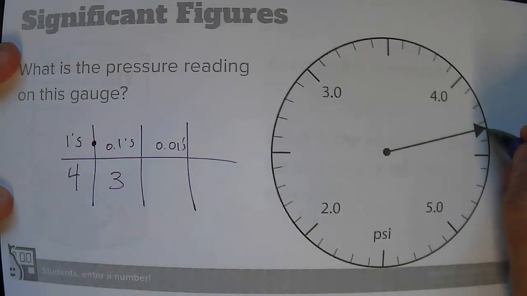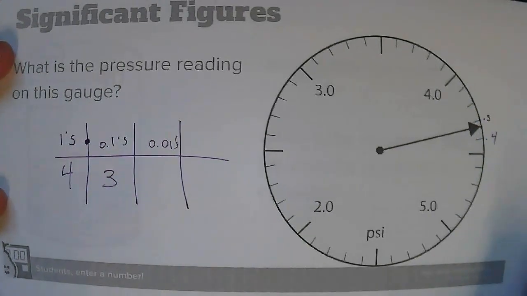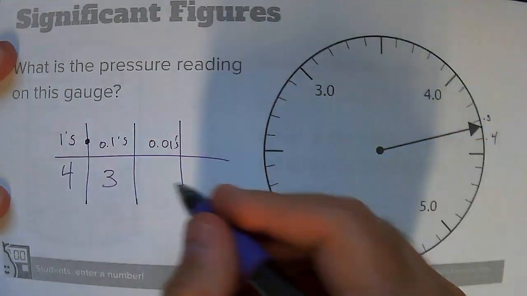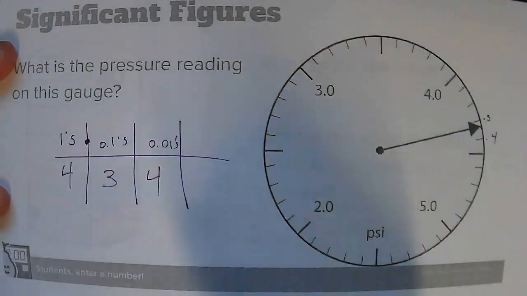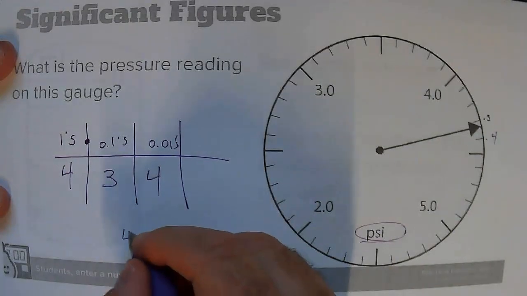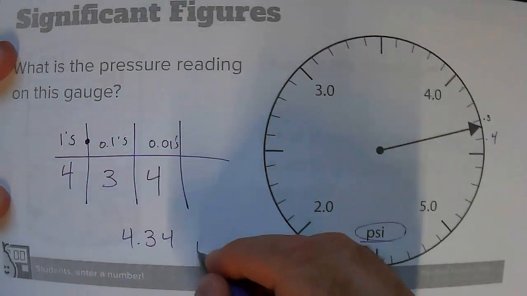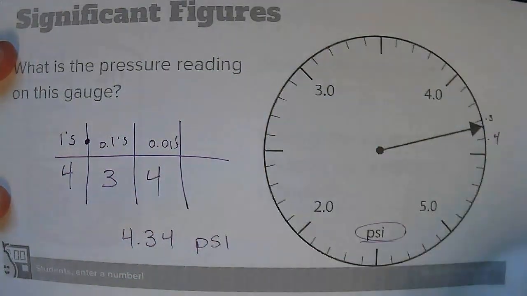So it's somewhere between 0.3 and 0.4. How much is it between 0.3 and 0.4? Well, it's still a little closer to 0.3. So I'm going to make this 4. Look, there's the unit. So it's 4.34 psi.